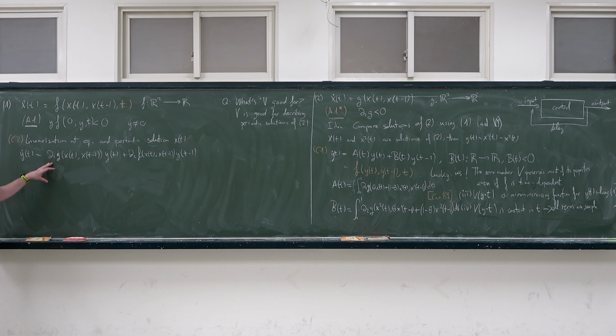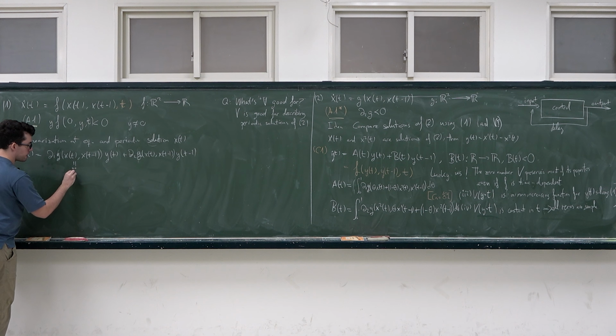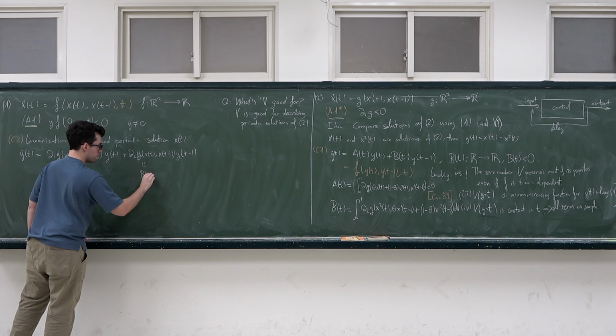Naturally, this equation comes up by applying the chain rule to the interior, but one has to justify that the solution semi-flow of this new equation is actually the Fréchet derivative of the semi-flow of the nonlinear equation 2. But you can find this in any books. And now, naturally, this is again A of t, and this is again B of t.